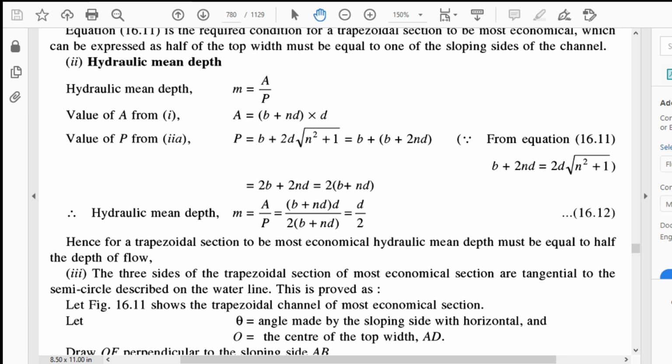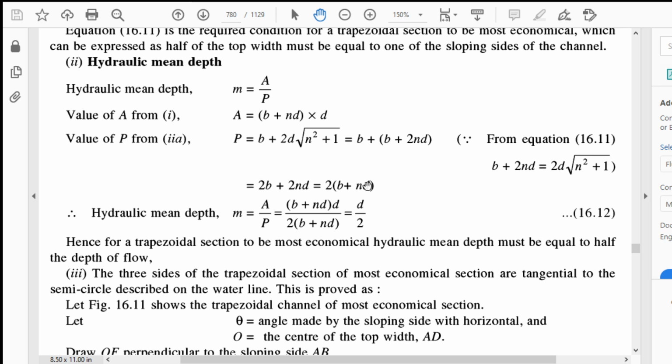As we already are aware, the hydraulic radius or hydraulic mean depth is A by P. The area value we have already covered in the previous expression, so area we can simply write as (B plus ND) into D. The perimeter is B plus 2 and D, so B plus 2 and D is 2D square root n square plus 1.